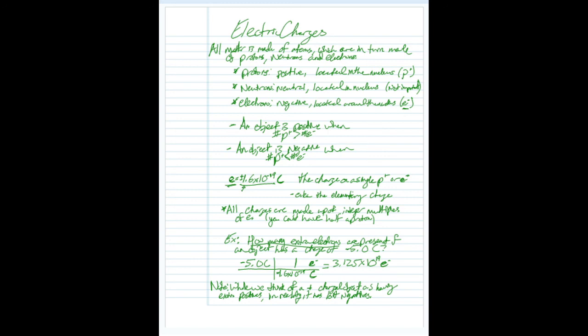The atom was not really discovered as we know it until the late 1800s, early 1900s. So a lot of the work that we're doing, we're just going to say we have a positively charged object. And according to the descriptions at the time, that meant that it just had extra positives. But in reality, we know that it doesn't have extra positives. It can't have extra positives. It had lost negative charges.